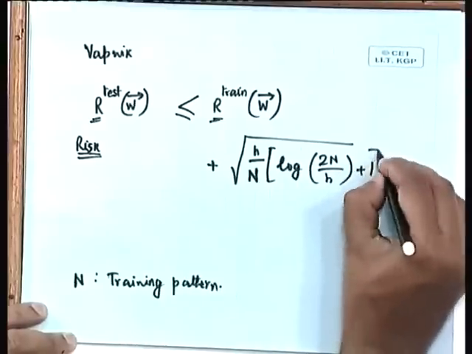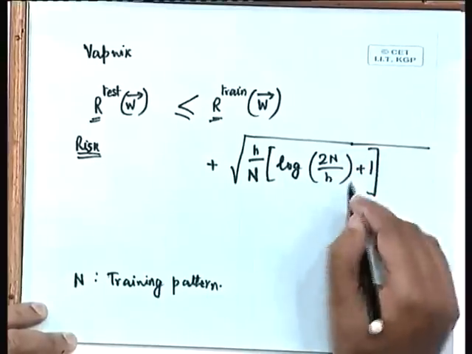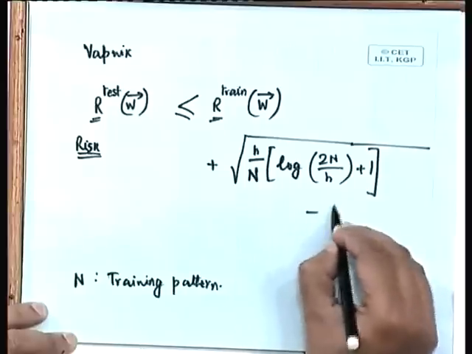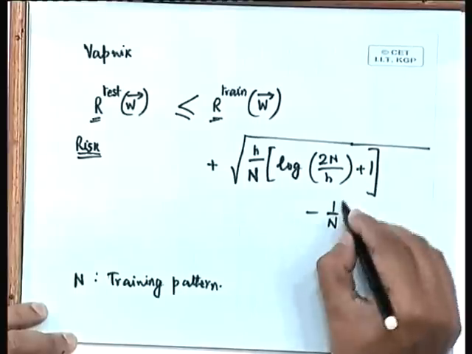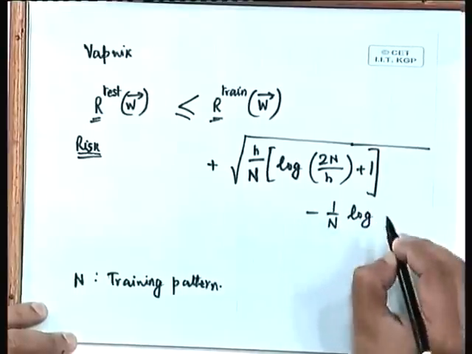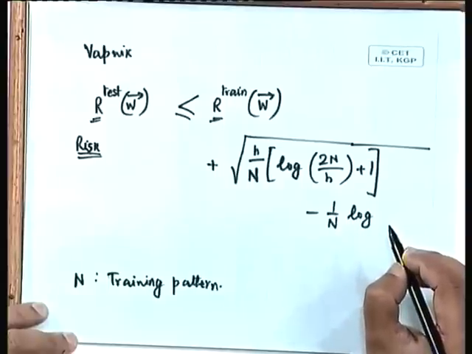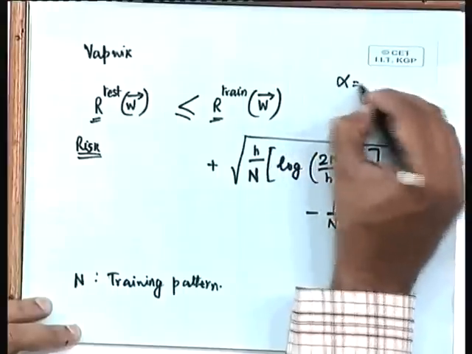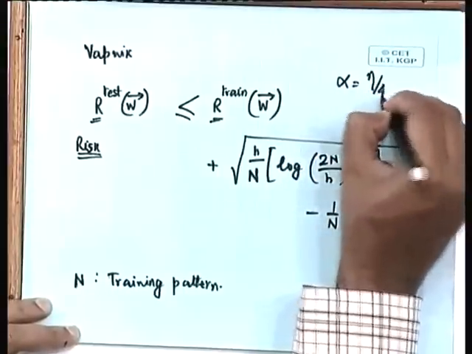plus 1, the square bracket closes here, minus 1 by N log. In fact I was yesterday telling it as eta by 4, again some confusion about our nomenclature, because eta was the learning rate. Since we have always been using eta as the learning rate, let us not make that confusion, and I now substitute alpha is equal to eta by 4.